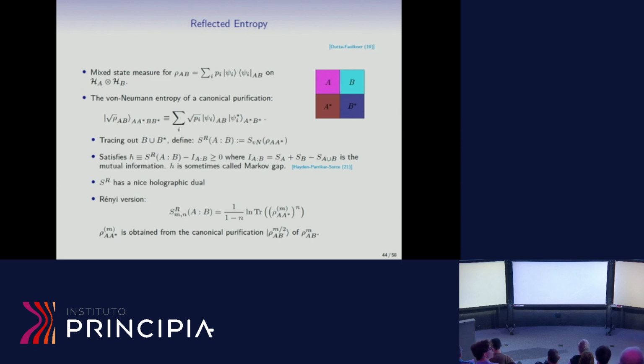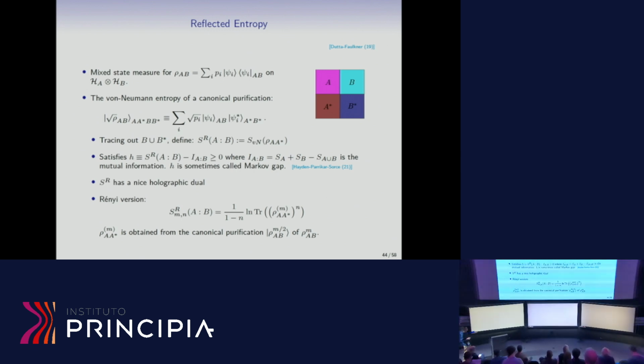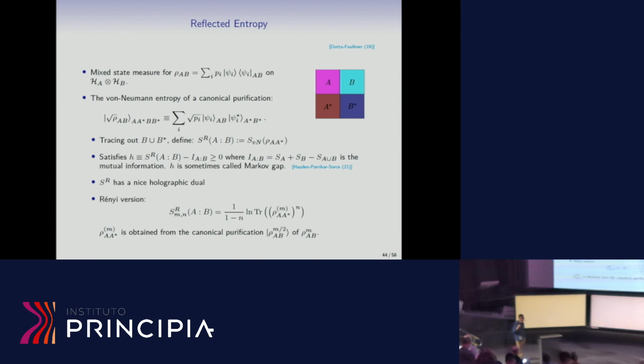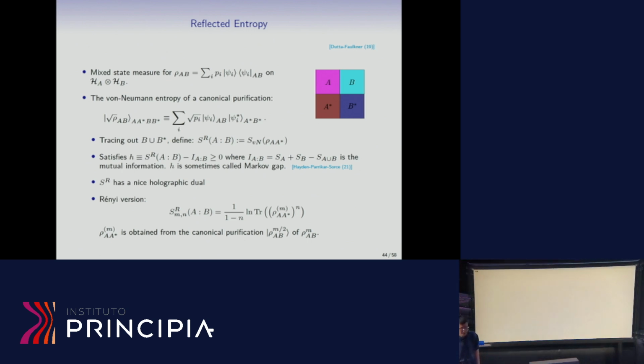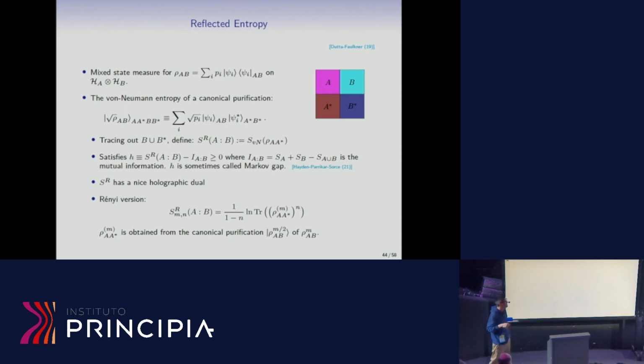This is like a von Neumann version, but you can also consider the Renyi version of this quantity. The von Neumann entanglement entropy has a log in the expression, and you want to write it as powers of the density matrix.